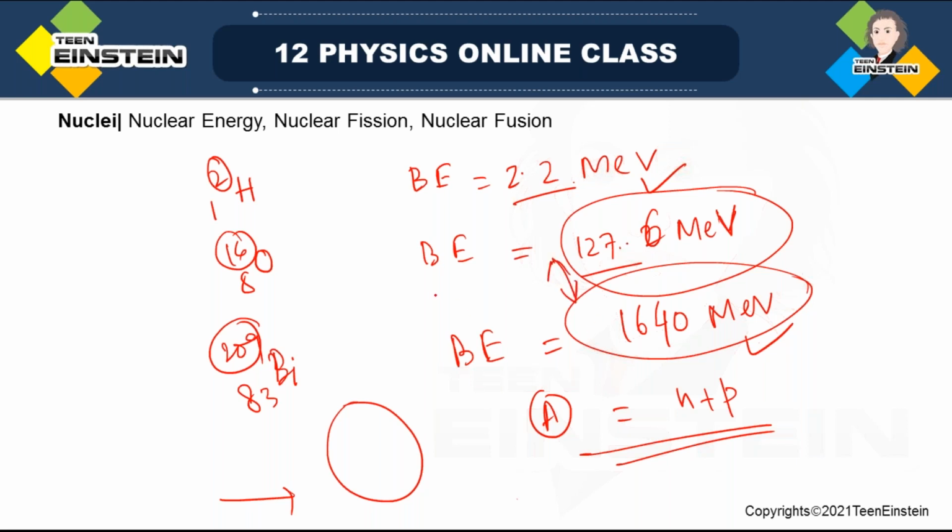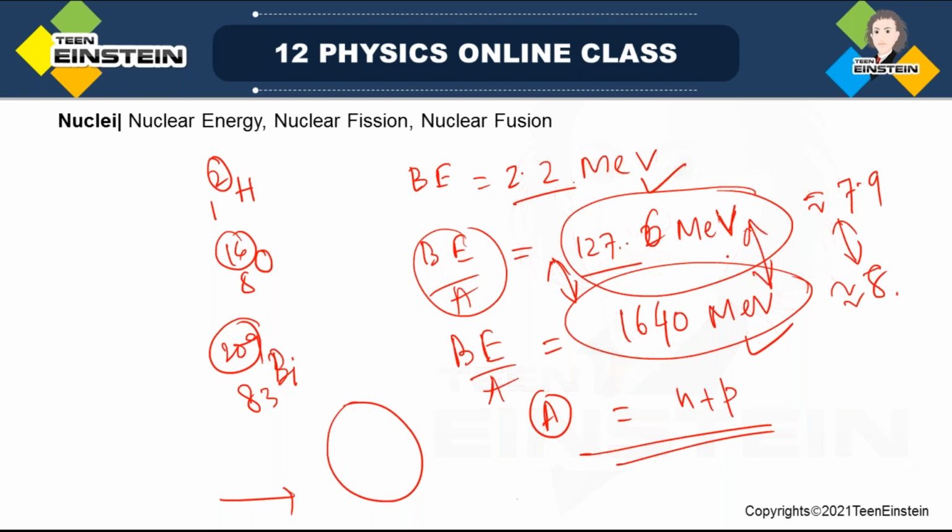But if I write binding energy per nucleon, this will be around 7.9, and this will be around 8. So these two are now comparable. Binding energy per nucleon is comparable for both oxygen and bismuth, but only the absolute binding energy may be more in bismuth.